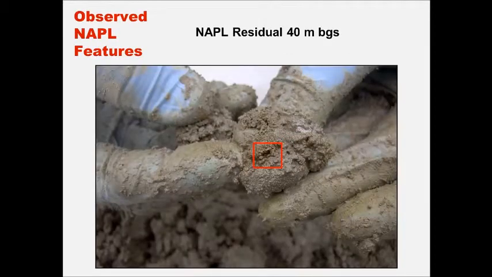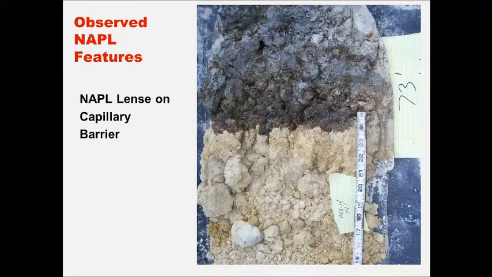So the target spectrum could be an observed bleb of NAPL in the field, or a lens where we have a pooled NAPL accumulation that sits on a capillary area.